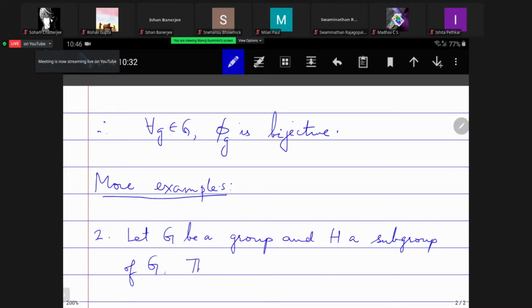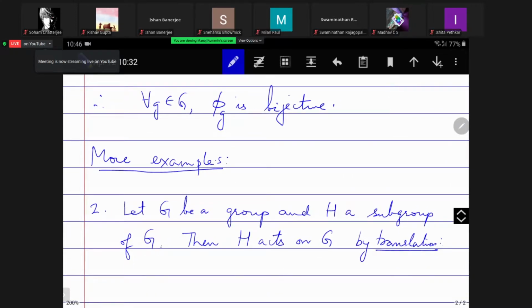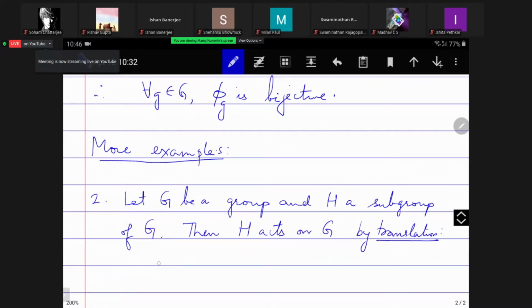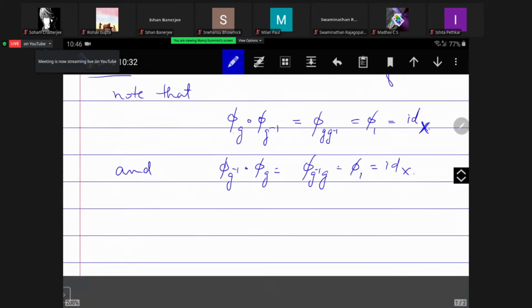Then H acts on G. We'll say by translation. That is just a loose word to denote the following. A group element, so phi of H is a function from G to itself.